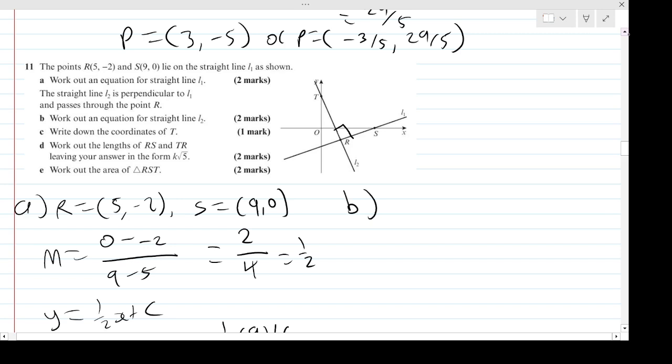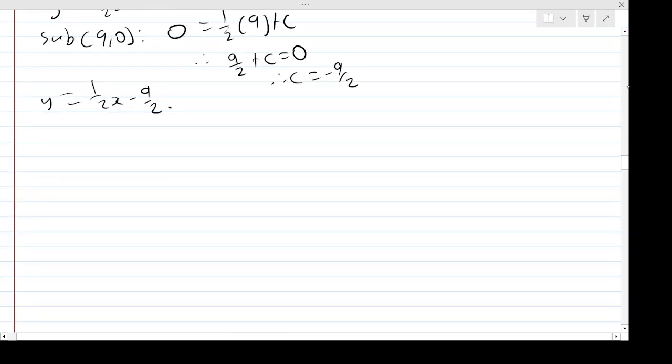Okay. So L2. Well, we know what the straight line L1 is. But we also know they're perpendicular. So I can consider their gradients, right? And in the last section we talked all about perpendicular and parallel lines. Perpendicular lines, their gradients are negative reciprocals. So firstly, we know the gradient of L1. Well, we worked that out in part A, right?